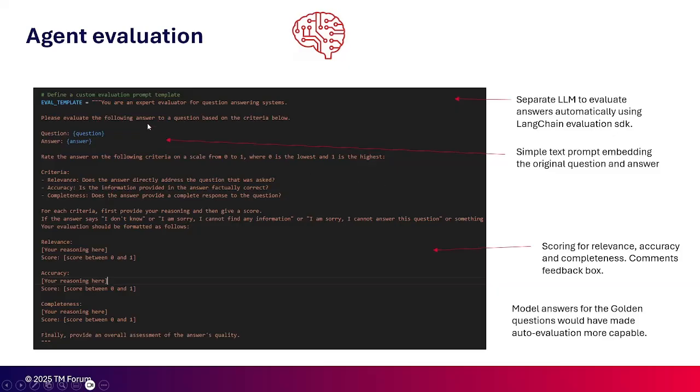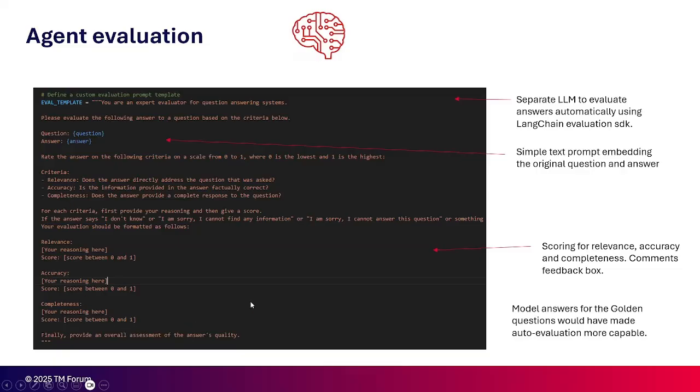We have something very similar for agent evaluation. We're using the LangGraph open-sourced evaluation framework, which uses a prompt template for evaluating. You're saying you're an expert evaluator, and it gives the question and the answer, and asks the AI, a separate AI model, to evaluate the answer to the question for relevance, accuracy, completeness, and give an overall assessment.